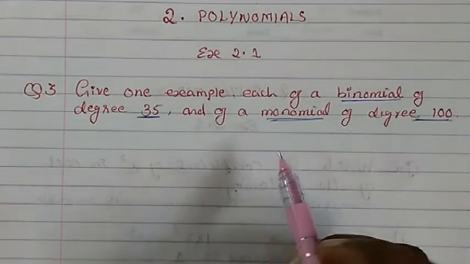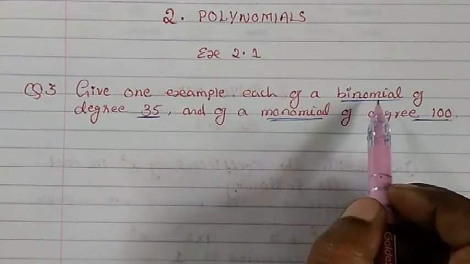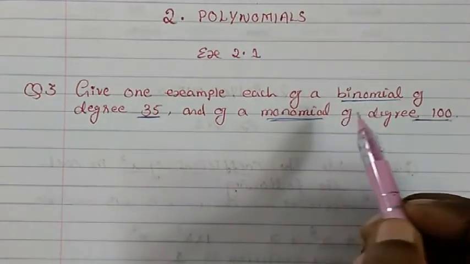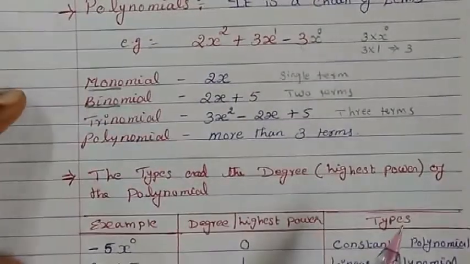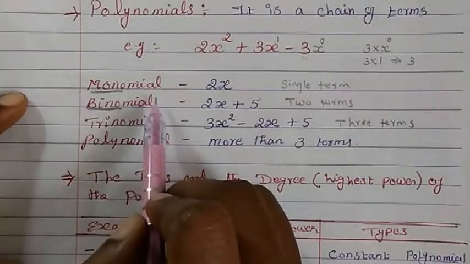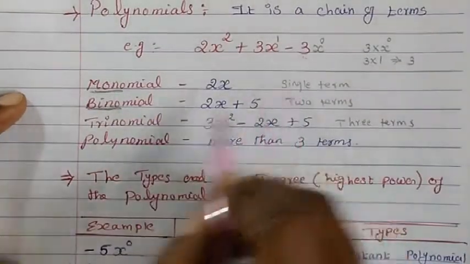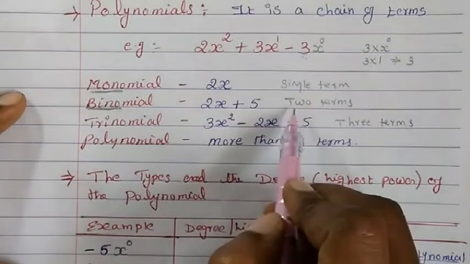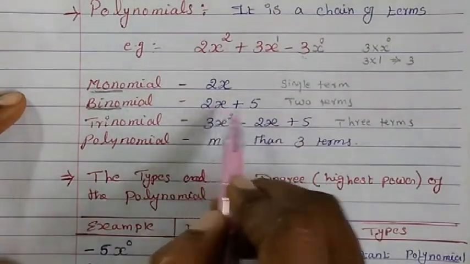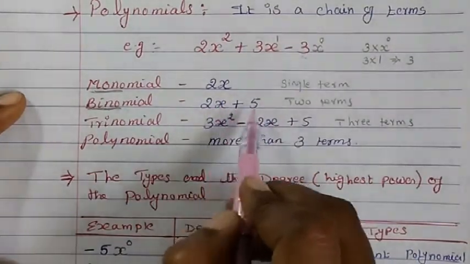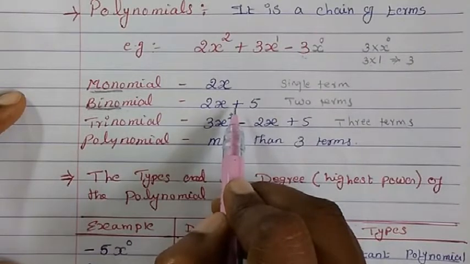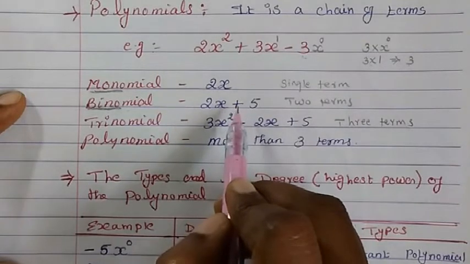Now before that, we have to understand what is the meaning of binomial and what is the meaning of monomial. I have already explained to you in the introduction part. Monomial means a single term. Binomial means two terms. Two terms means the terms will be separated by either an addition sign or a subtraction sign.